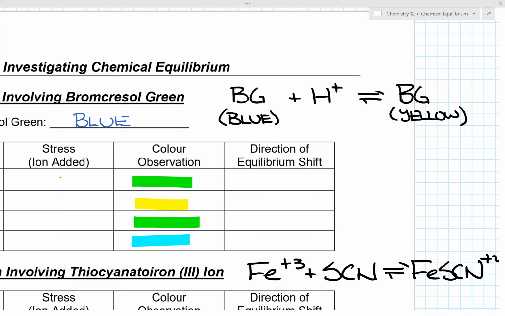Towards the door. Very good. It went towards the door. Then it went from green to yellow. Which direction did it shift towards? Towards the door some more.